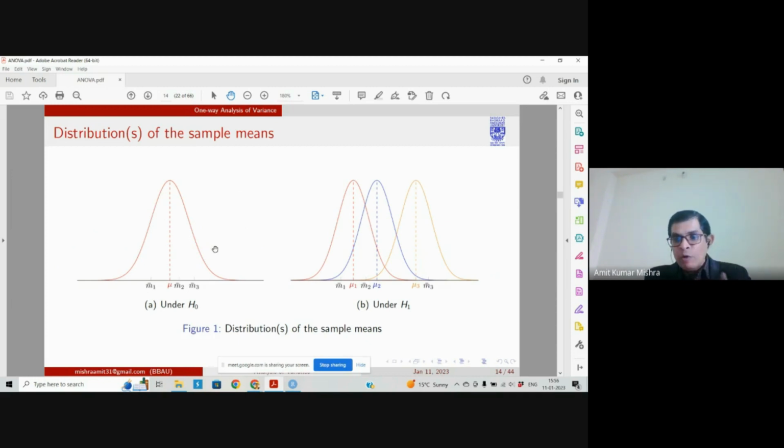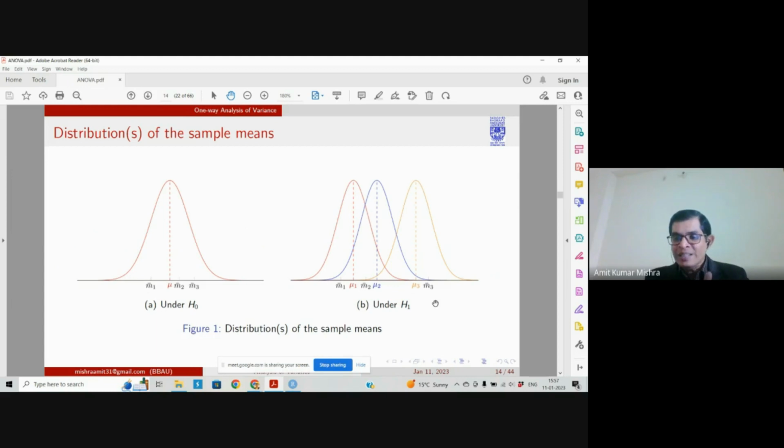Now if all three populations are different, as on the right hand side graph, there are three populations: the first having mean mu1, the second mu2, the third mu3, and the variances are the same, but the means are different. From the first population you collect data and find the sample mean M1 bar. From the second, the blue one, you get M2 bar, and from the third you get M3 bar.